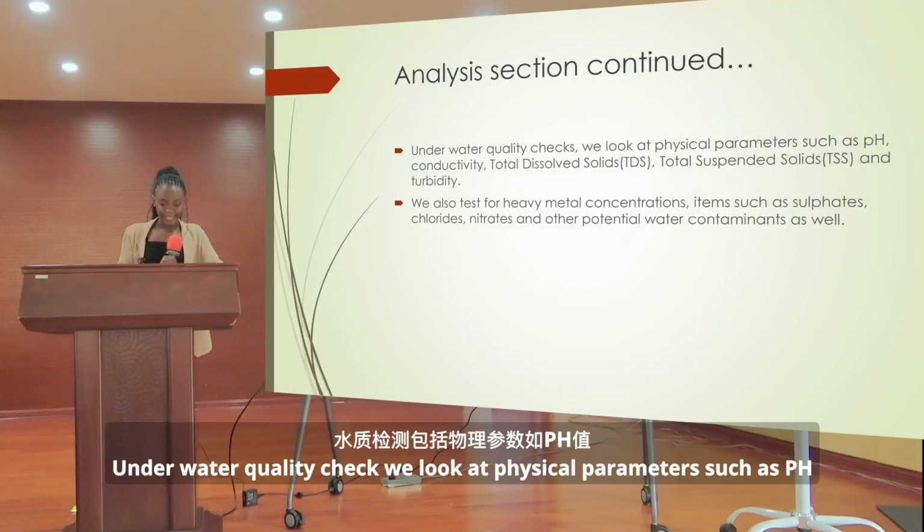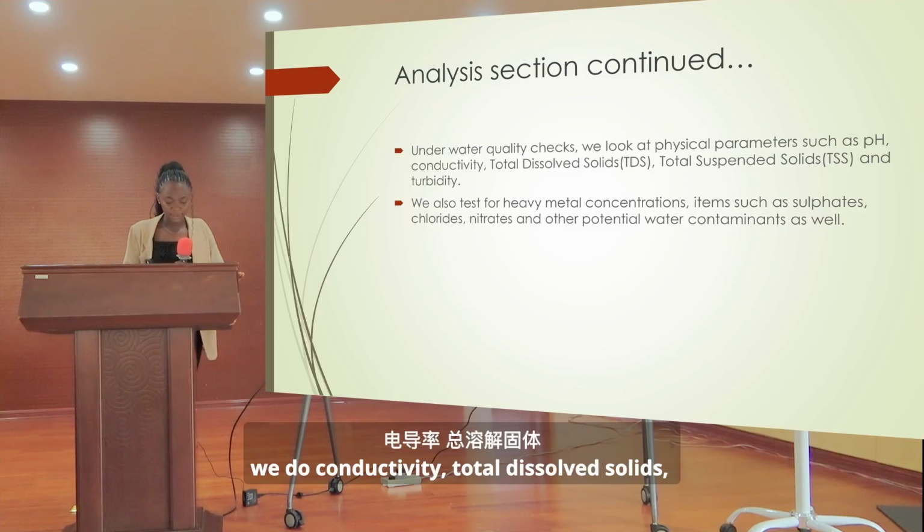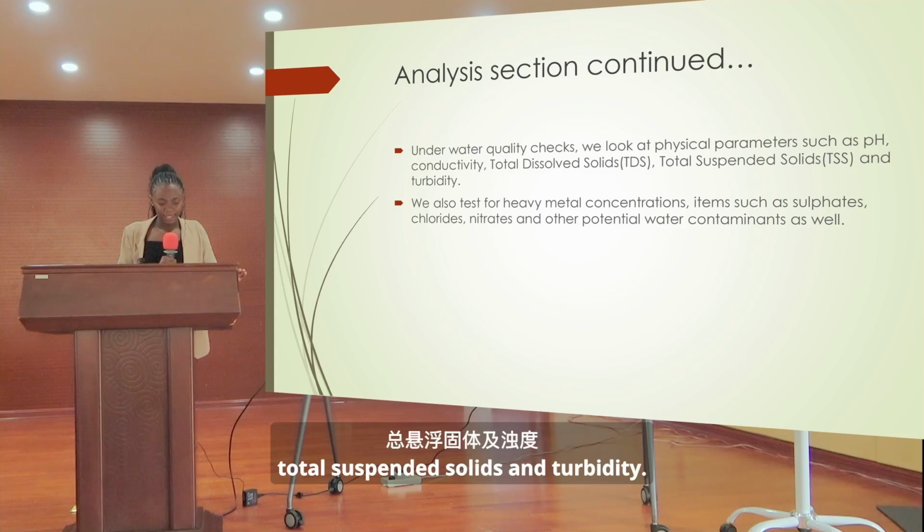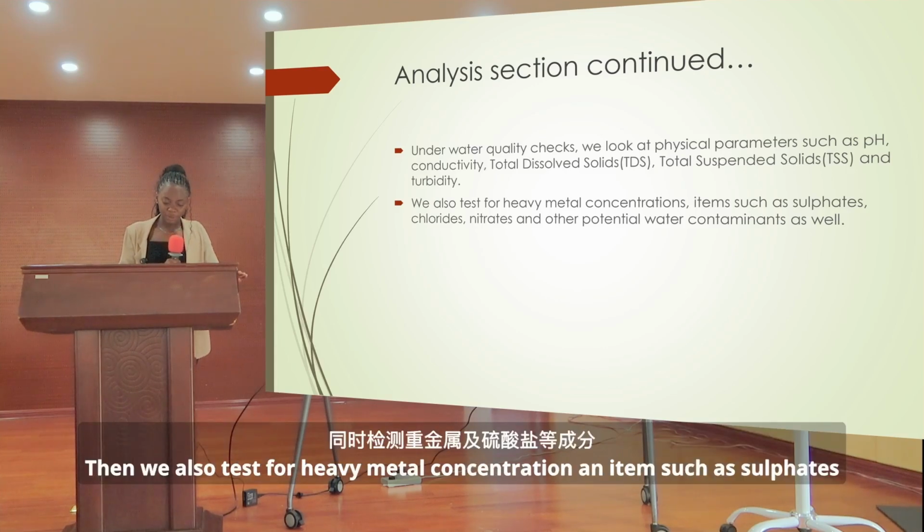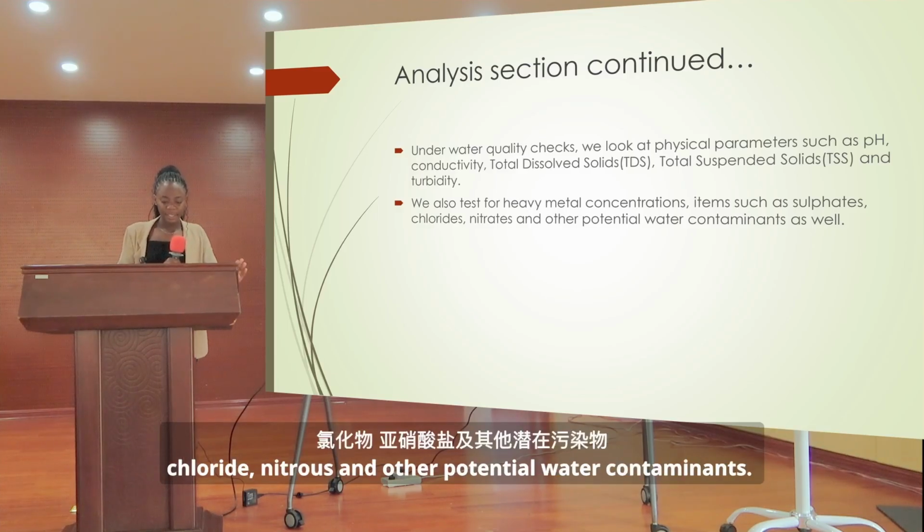Under water quality check, we look at physical parameters such as the pH, we do conductivity, we check for total dissolved solids, total suspended solids, and turbidity. Then we also test for heavy metal concentration and items such as sulfates, chloride, nitrates, and other potential water contaminants.